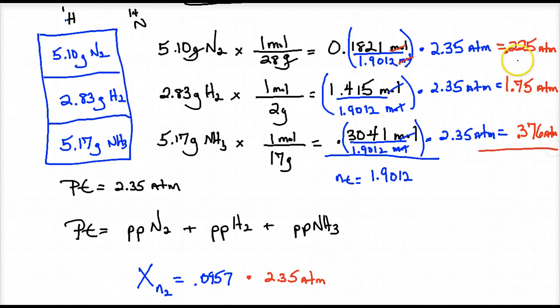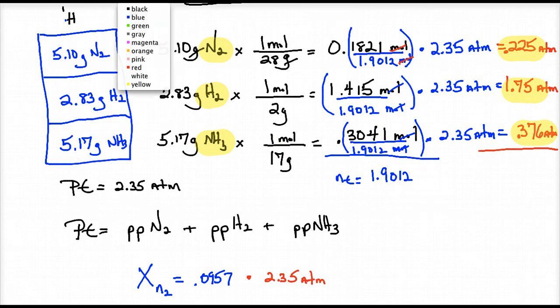Just for fun, even though here are your answers: the mole fraction of nitrogen, here it is. The mole fraction of hydrogen, there it is. Mole fraction of ammonia, NH3, there it is. Okay. And just for fun, let's add up the entire partial pressures and see if in fact they add up.